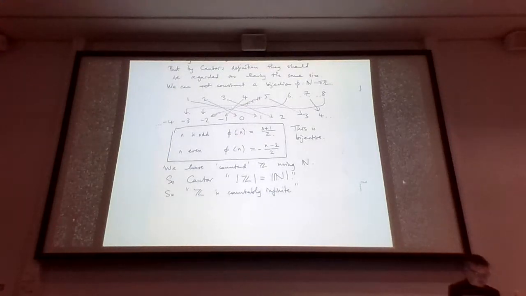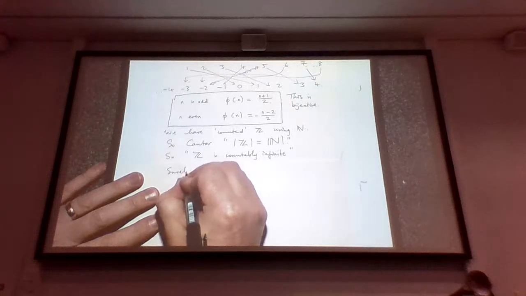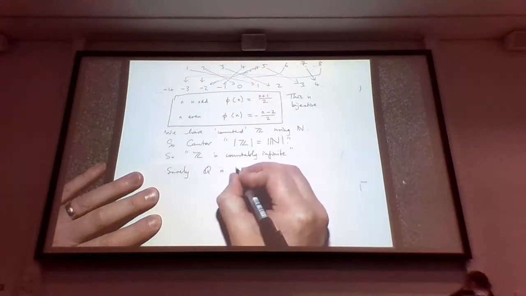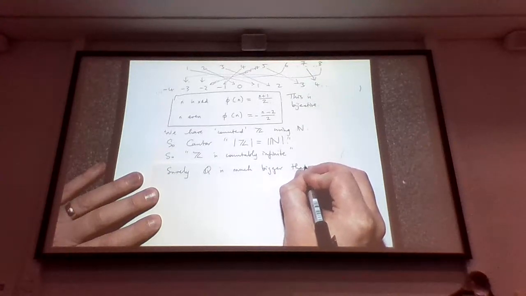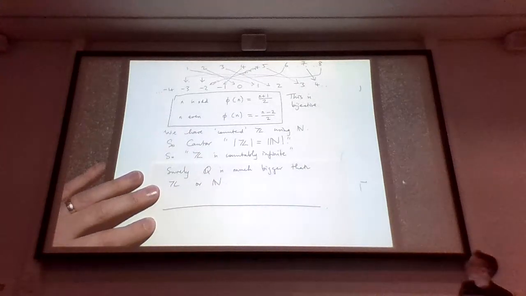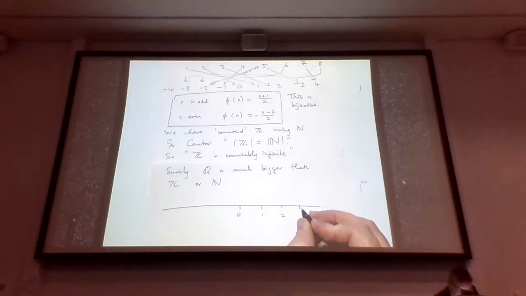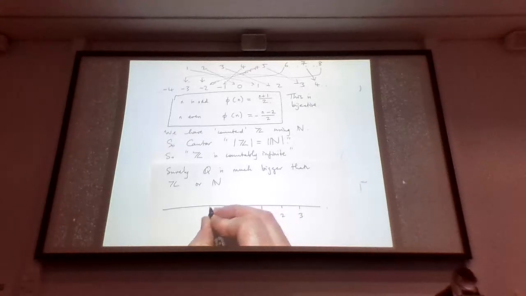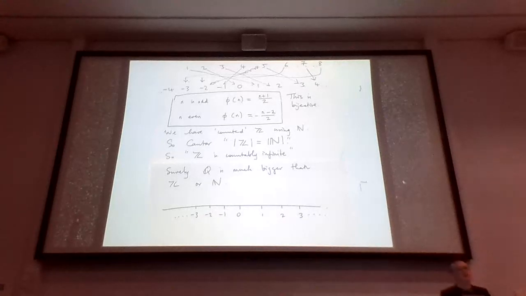Okay. What about the rational numbers then? Surely Q is much bigger than Z, or N. Okay, we've already convinced ourselves that the integers are the same size as the natural numbers.